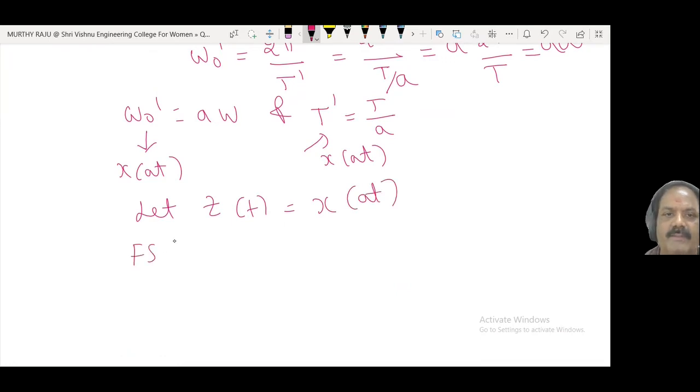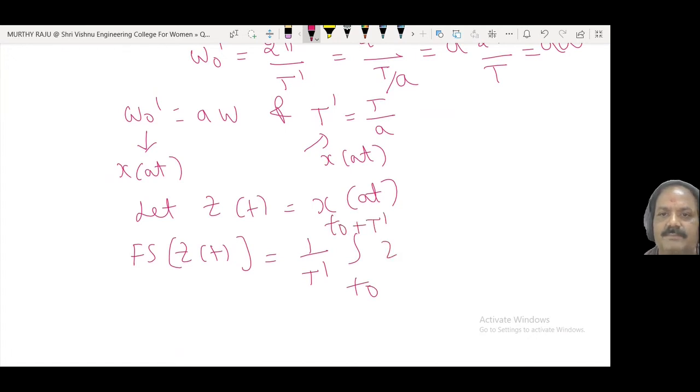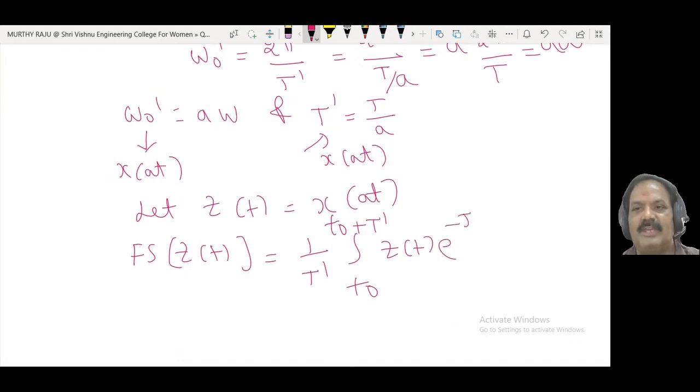Find out the Fourier series of z of t, that is equal to 1 by the time period of x of at, T dash, integral from t naught to t naught plus T dash of z of t e power minus j n omega naught dash t dt.